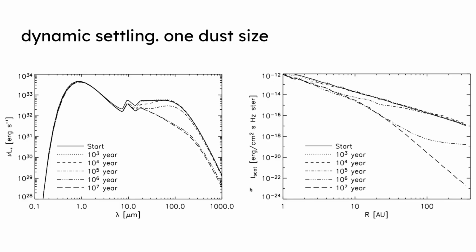Then they do that on a number of radii, not only 10 AU, and simulate SEDs from this result. And what we see here is that after 10 to the 5 years, going to 10 to the 6, there is a very sharp drop in luminosity.